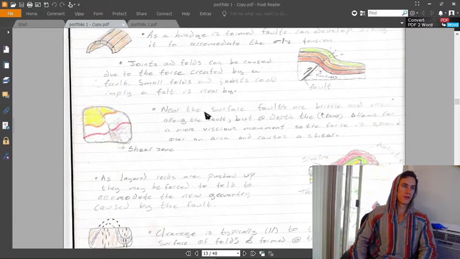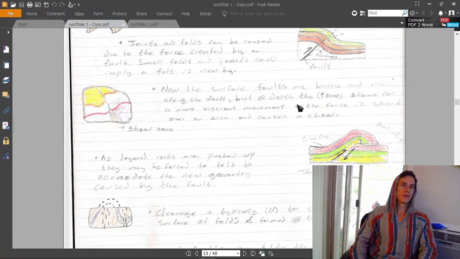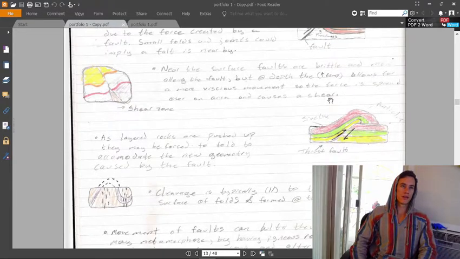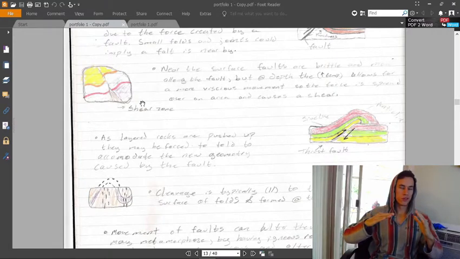at the subsurface. So near the surface, faults are brittle and move along the fault, but at depth, the high temperature allows for a more viscous movement so that the force is spread over an area and causes a shear. So this is saying that at the surface everything's brittle, so it's going to break.